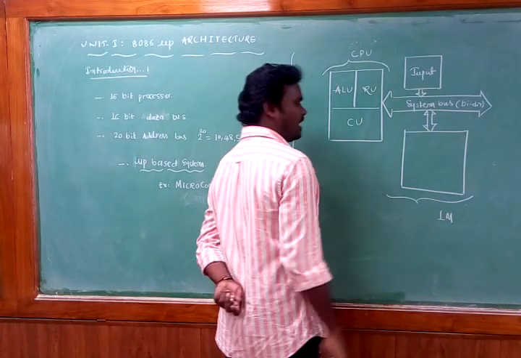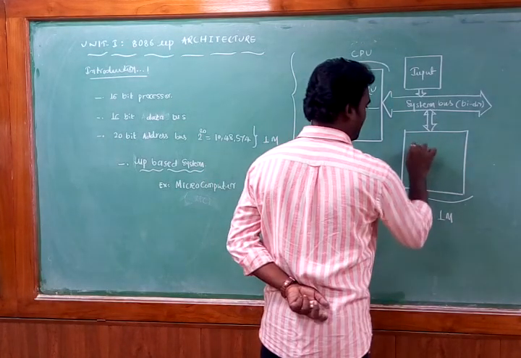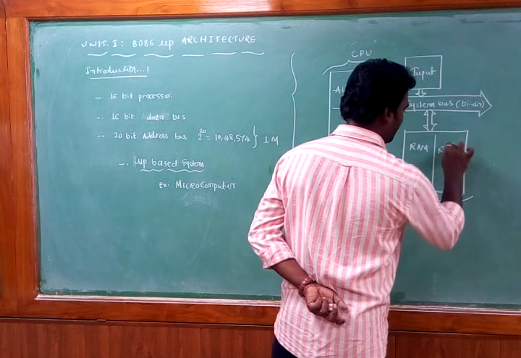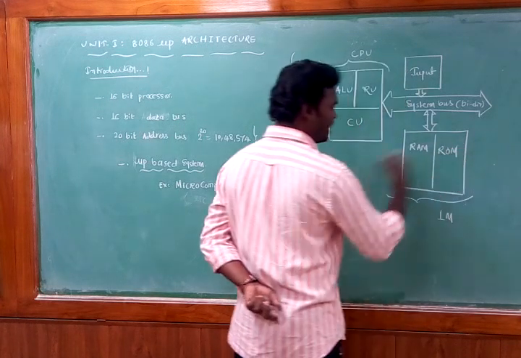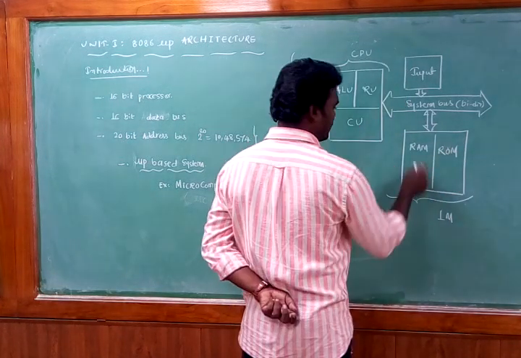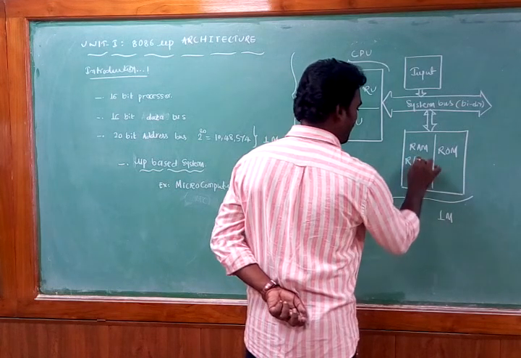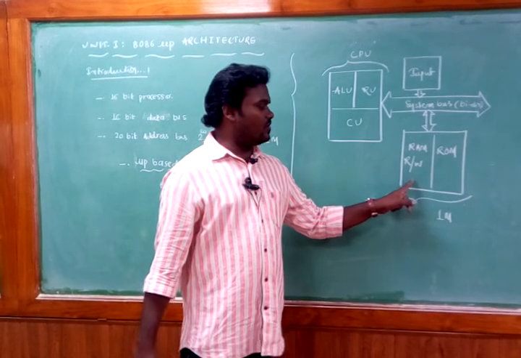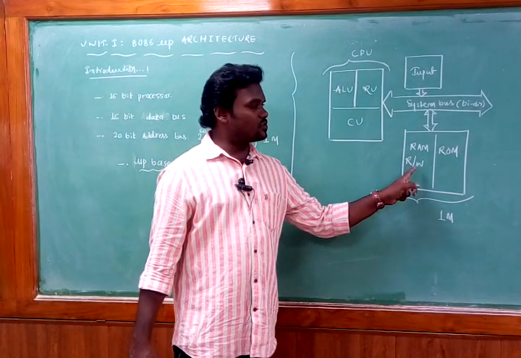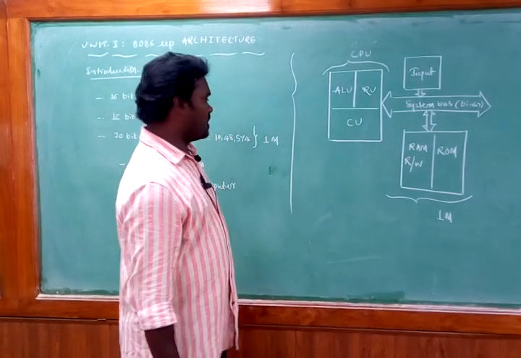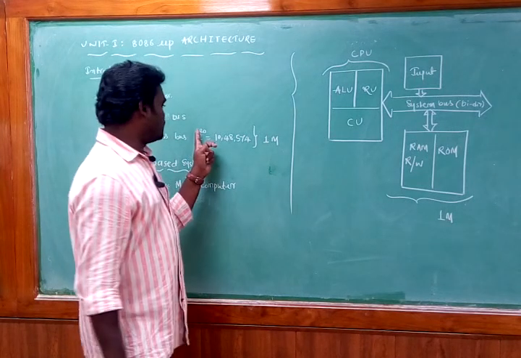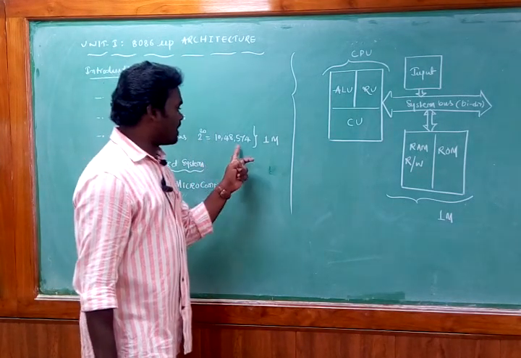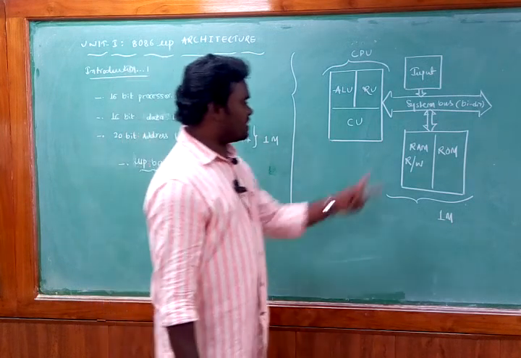This can be random access memory, and this can be read only memory. From the ROM we can only read the data; from the RAM we can read and write the data. This memory is used not only to store the data but also to store instructions, with 2 power of 20 memory locations, that is 10,48,576 memory locations that can be accessed.